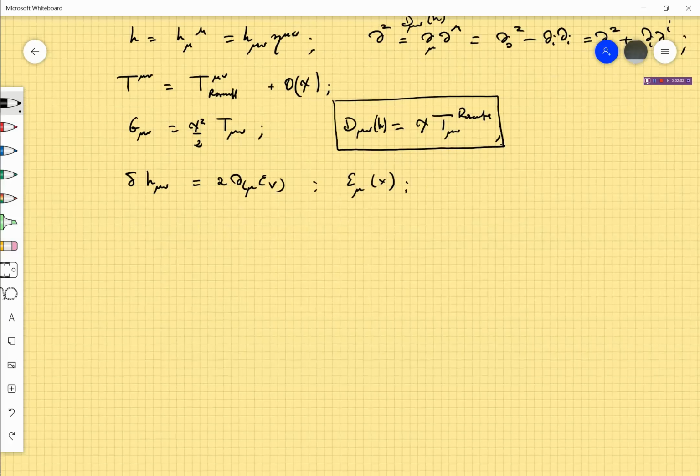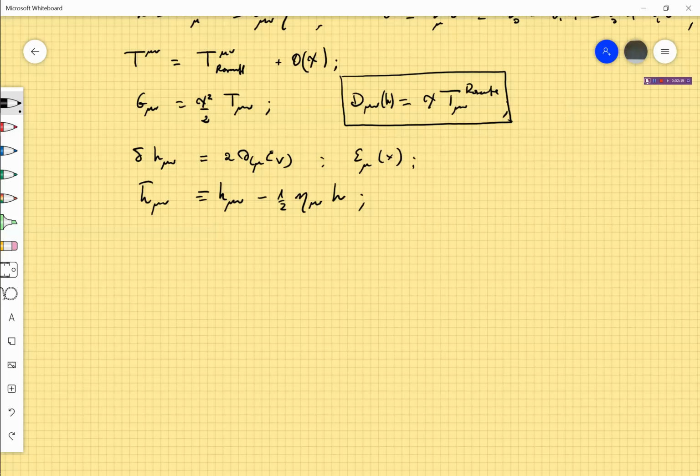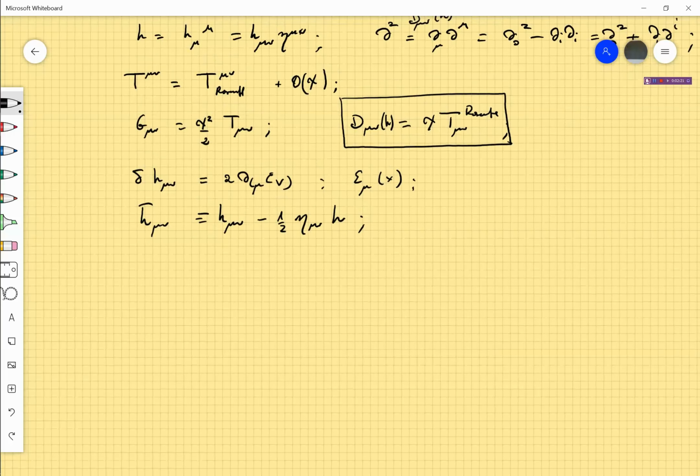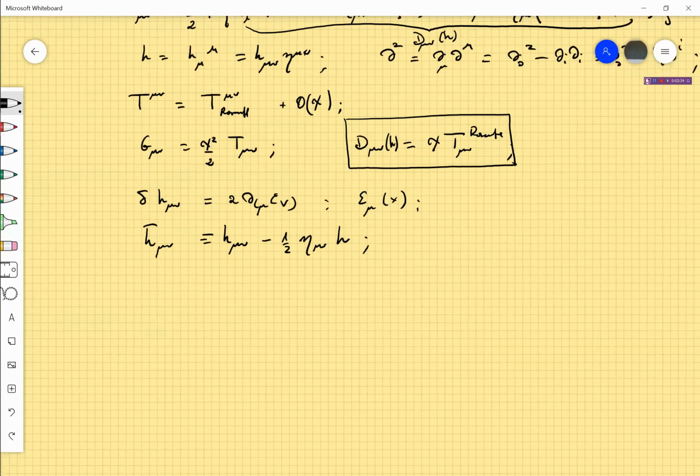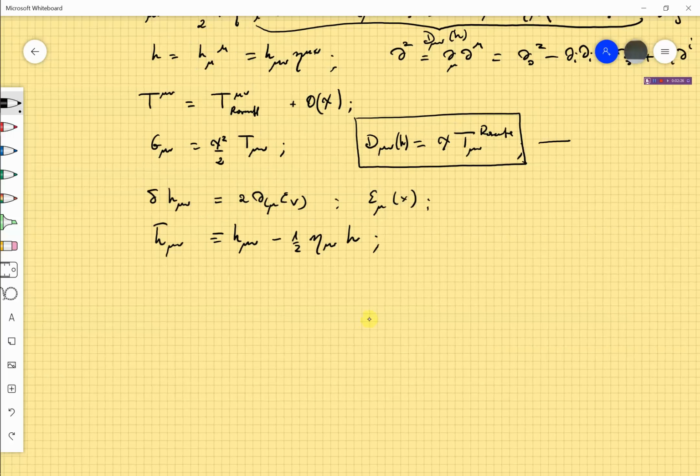Then we introduced a variable that we called h bar mu nu, which was equal to h mu nu minus a half of eta mu nu times the trace h. If we want to rewrite this linearized Einstein equation in terms of the variable h bar, we have to write h as a function of h bar first.